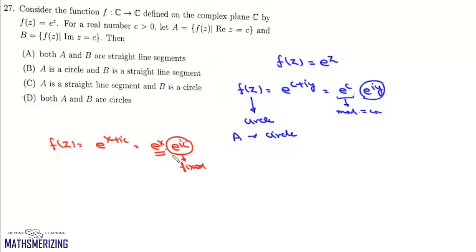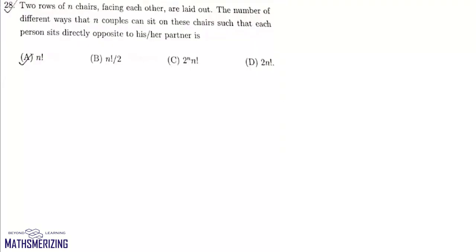Only its magnitude can change, and when only magnitude changes and argument remains the same, it will represent a straight line. So this B will be a straight line. So the answer to this question will be A is a circle and B is a straight line, and that's your option B.